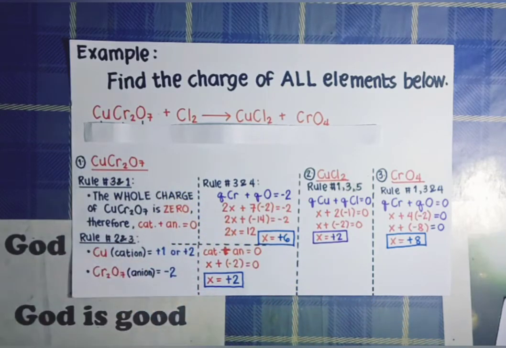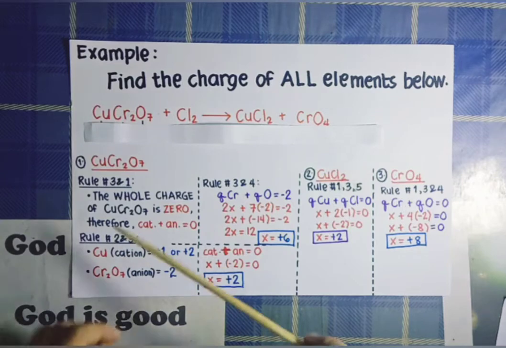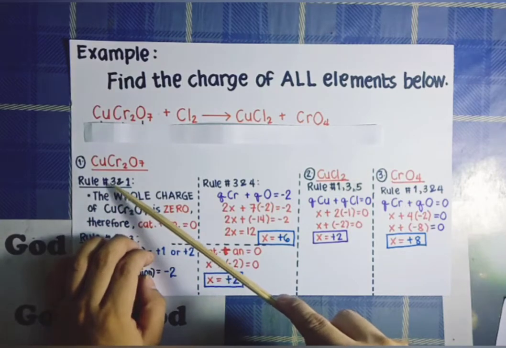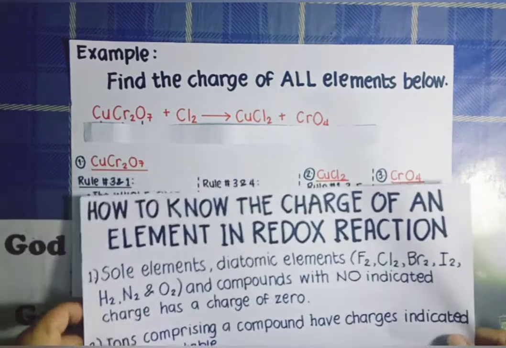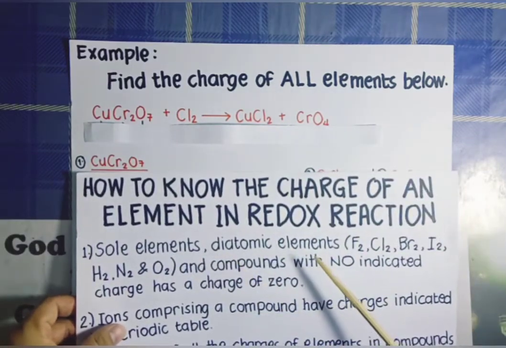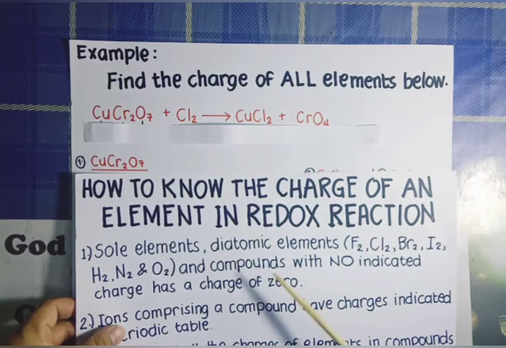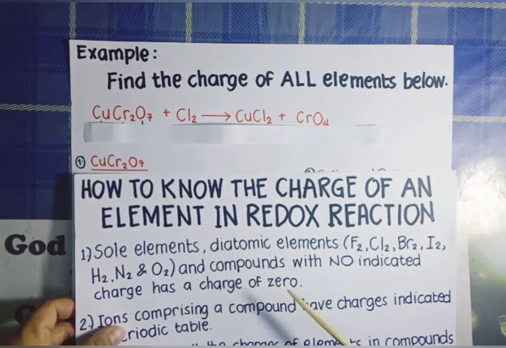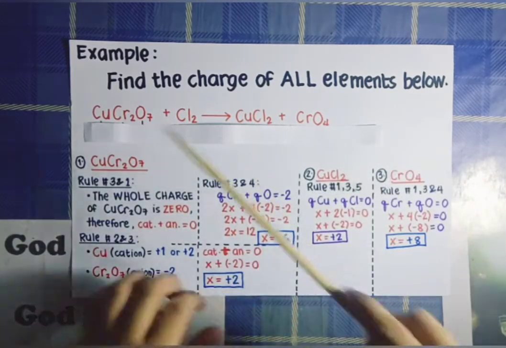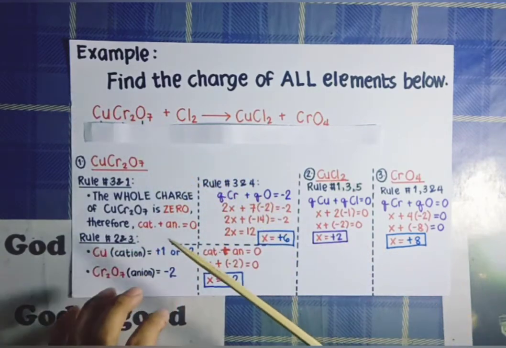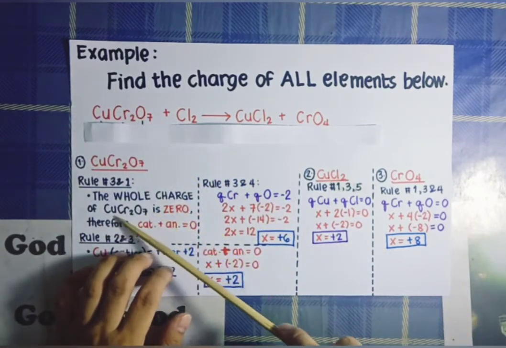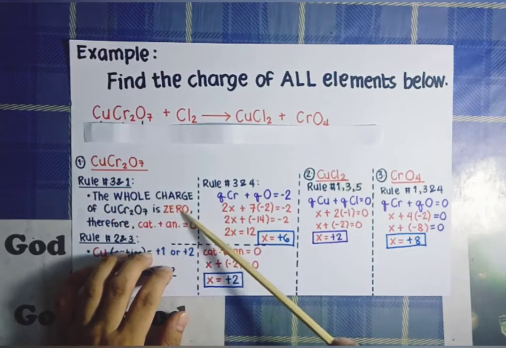Now, the first rules that we are going to use here are rule numbers 3 and 1. So again, according to rule number 1, sole elements, diatomic elements, and compounds with no indicated charge has a charge of 0. So obviously, this compound has no indicated charge, and therefore we can assume that the whole charge of copper dichromate is 0.